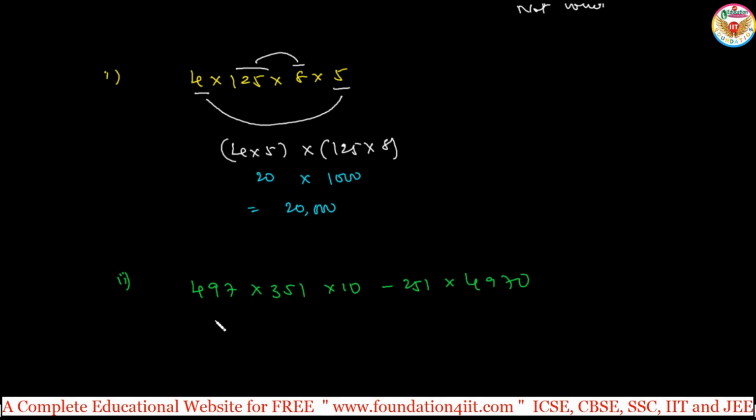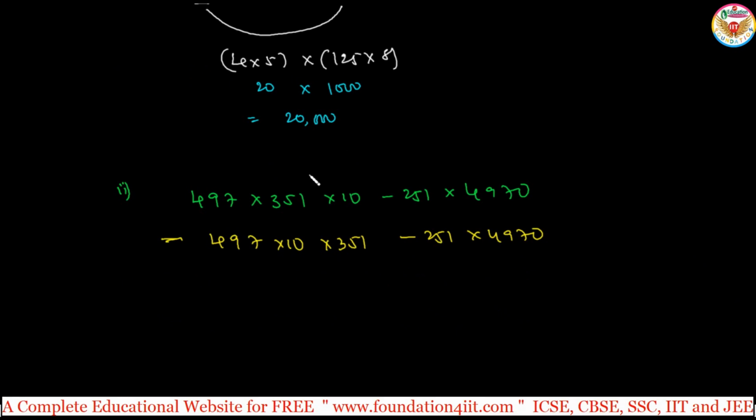I'm taking the question like this, 497 into 10, because 4970 is there. Then we can write into 351 minus 251 into 4970. This is using the commutative property, that means x into y is equal to y into x, right? This first step is commutative that I used.